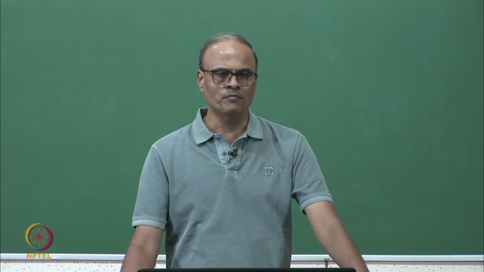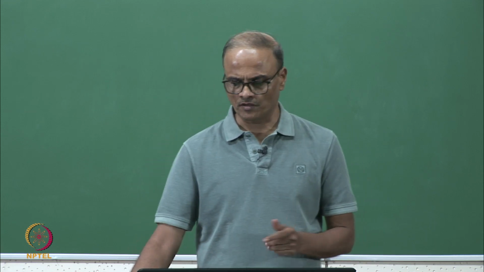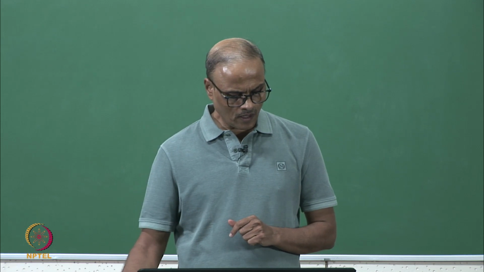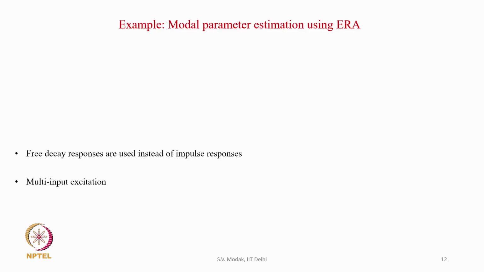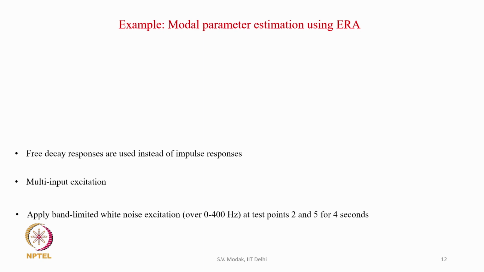So, therefore, we are going to make use of the free decay responses in this example, and then we are going to use a multi-input excitation. Okay. At multiple points we are going to apply inputs, right, and then use the resulting free decay responses to perform the modal parameter estimation. And then specifically we are going to use a band limited white noise excitation over a frequency range of 0 to 400 hertz. Okay.